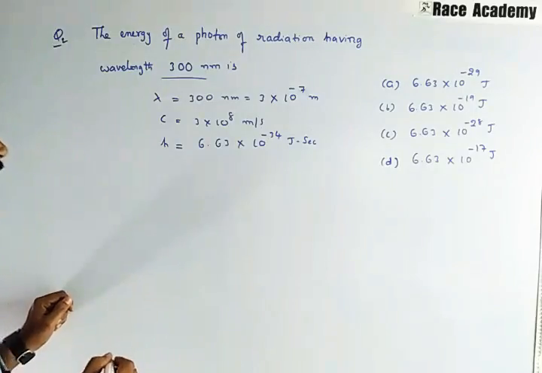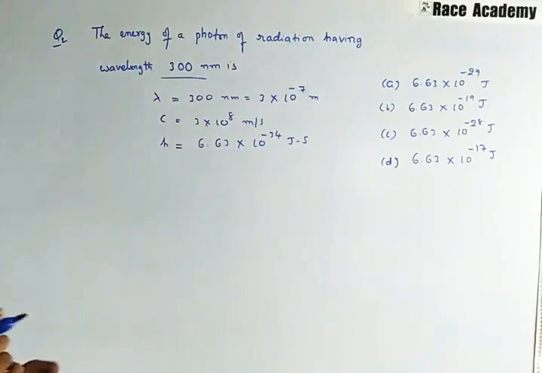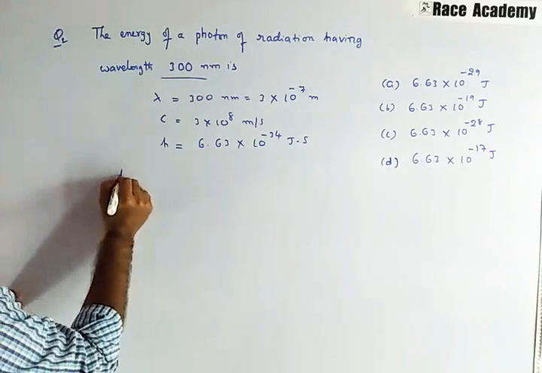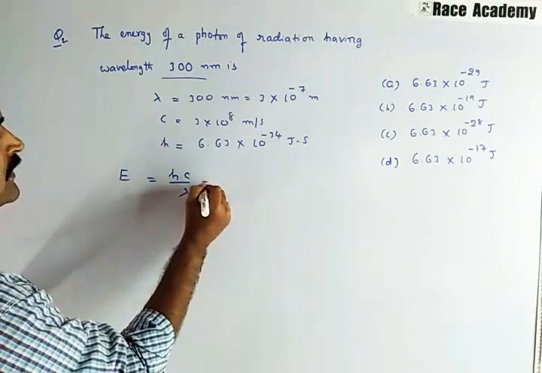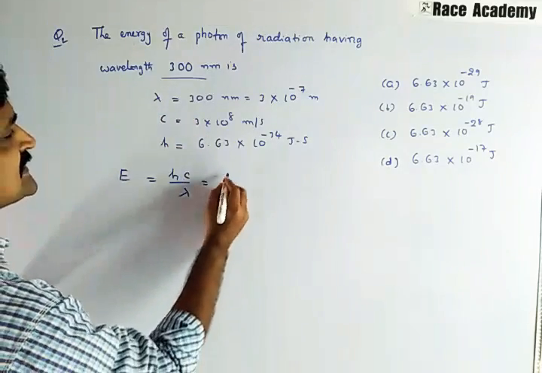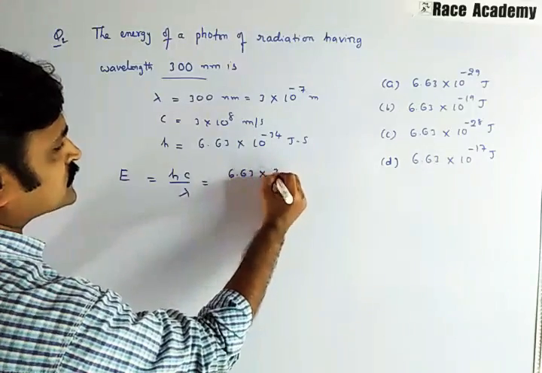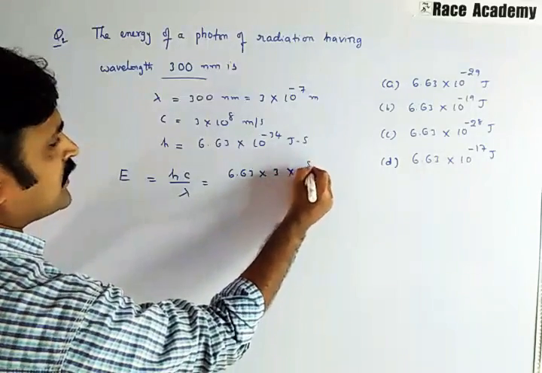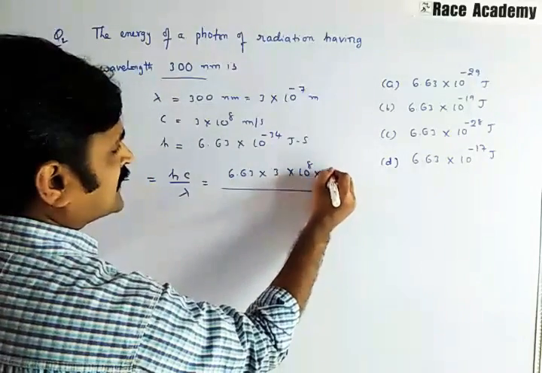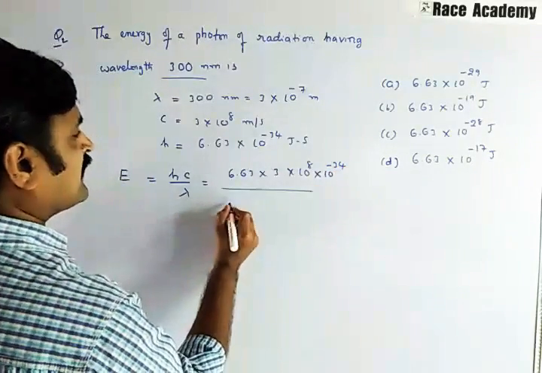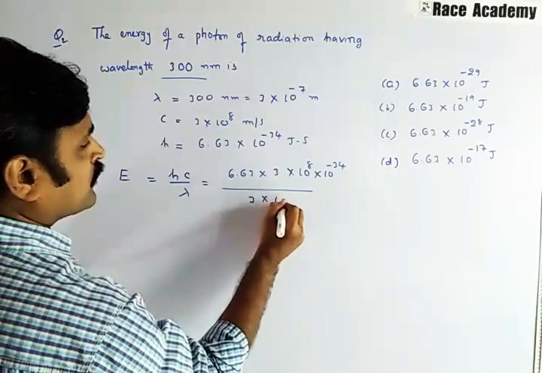Okay. Now here we have to find the energy of the photon. What is the energy of the photon formula? E is equal to h nu, that is hc by lambda. Once you substitute these values, that is h value 6.63 into 10 to the power of minus 34, into c, 3 into 10 to the power of 8, divided by the lambda value, 3 into 10 to the power of minus 7.